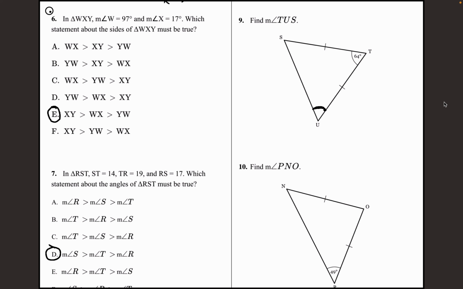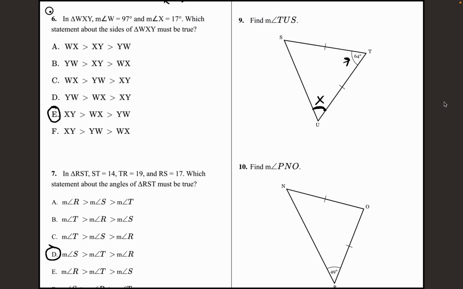We are given just one angle right here, and this is angle 64, and we need to find angle TUS. I'm just going to mark that as X. Now, what we just learned with those last 4 problems, we're going to apply here. Since an isosceles triangle has 2 congruent sides and 2 congruent angles, we can identify which 2 angles are congruent and which 2 sides are congruent.